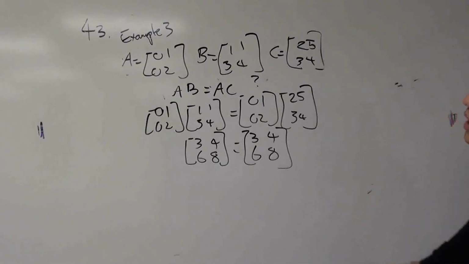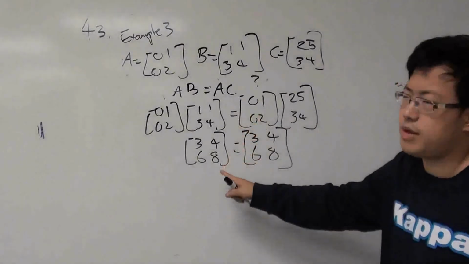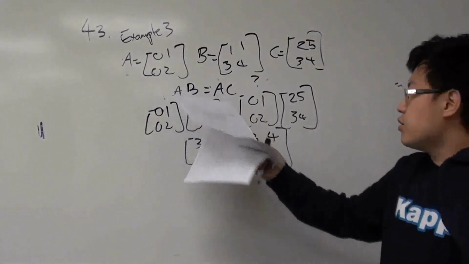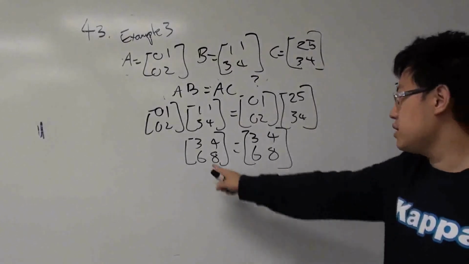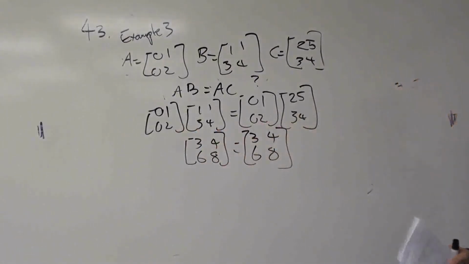So in this situation, we can't really prove that B equals C. What they're trying to emphasize is that in some happy coincidences, if it's a fluke or whatever, sometimes we still manage to get the same thing anyway, right? So AB does equal AC in this specific case, as shown in my calculations.